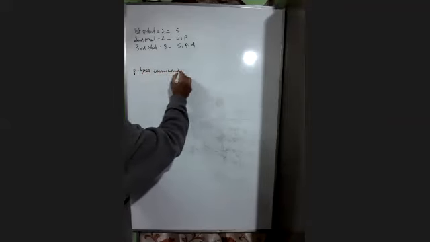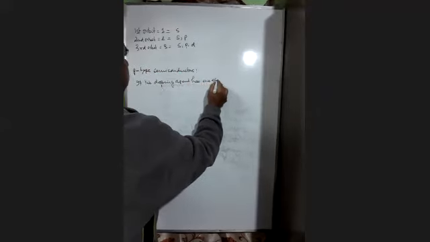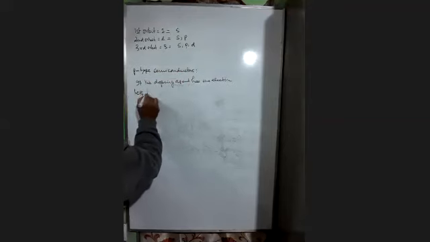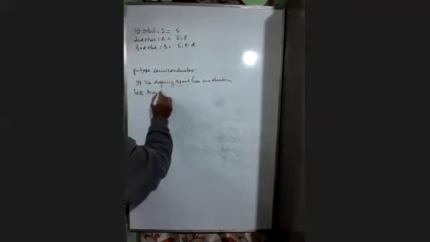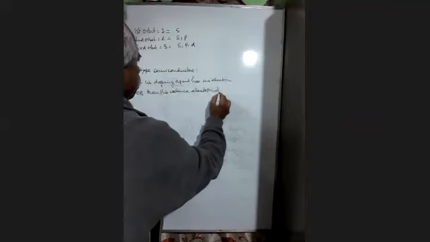P-type semiconductor: if the doping agent has one electron less than the valence electron of the base element.